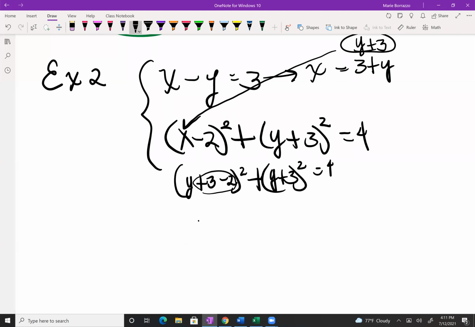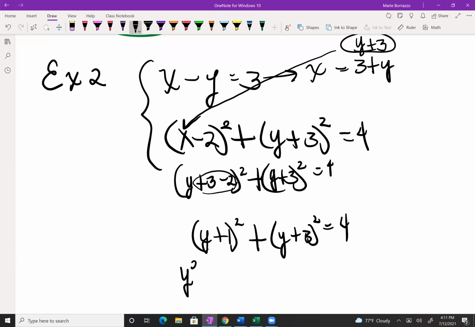So you have (y plus 1) squared plus (y plus 3) squared equal to 4. And now we FOIL. So if I FOIL this, I'm going to have y squared plus 2y plus 1 plus y squared plus 6y plus 9, and this is equal to 4.